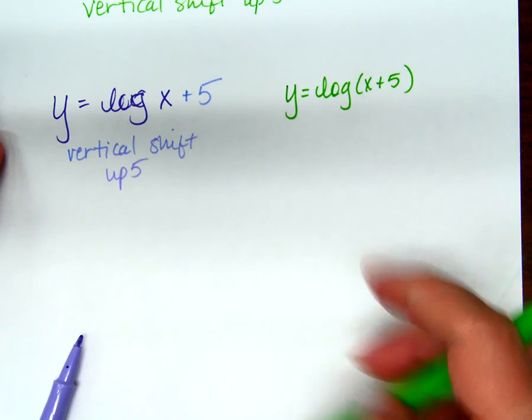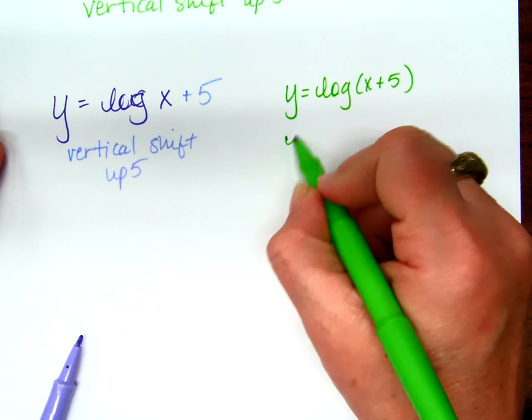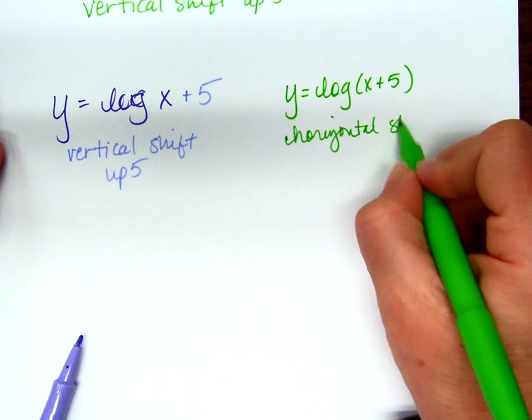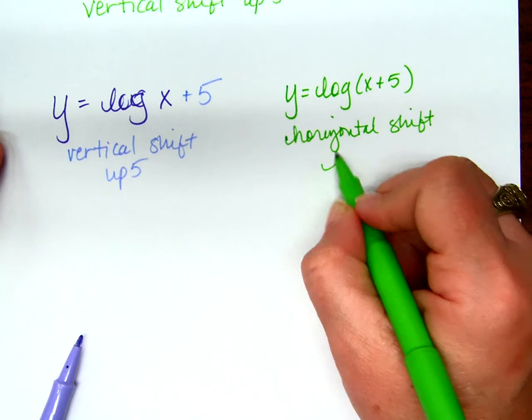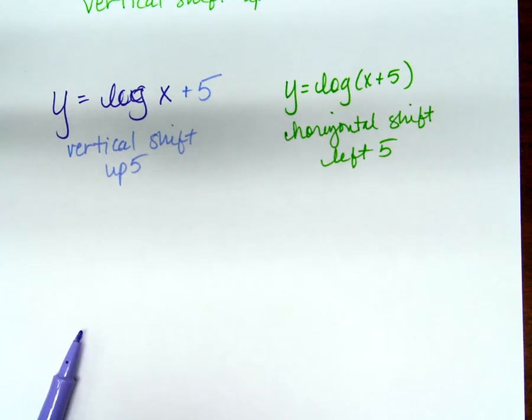And what kind of change is this? Left 5, right? What other changes are we going to have to deal with besides horizontal shifts and vertical shifts? Vertical stretches and compressions, horizontal stretches or compressions, and one more?